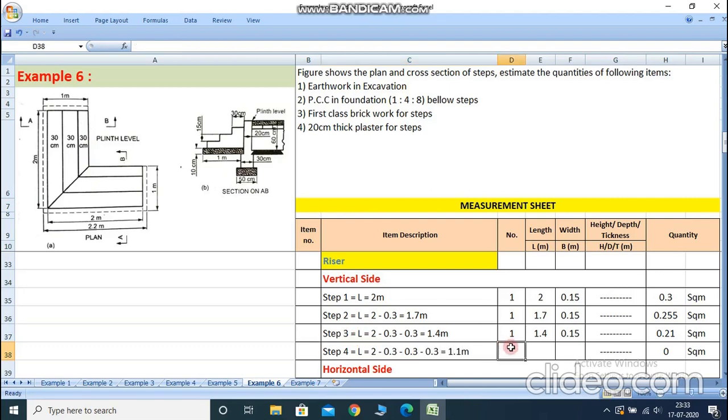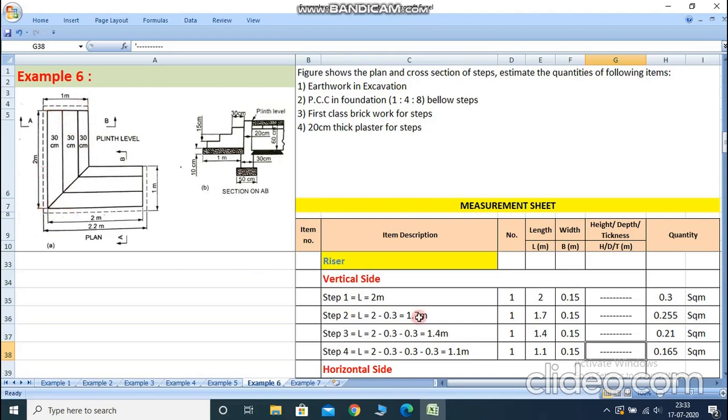So here total number is 1, here 1.1 and 0.15. So total quantity is 0.165 meter square. So this value is calculated only for the vertical side, 1, 2, 3 and 4, these 4 vertical sides.